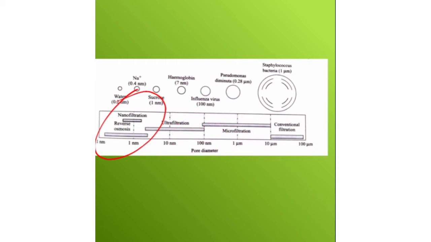Okay, so you can read out the values from here: 0.1 nanometer to 1 nanometer, 1 nanometer to 10 nanometer, and then 10 to 100 nanometer pore diameter, and 10 nanometer to 1 micrometer, and 1 to 10 micrometer, and then 10 to 100 micrometer. So this is the pore diameter range for different processes. Okay, it is very helpful for your exam, so I added here for all of you.